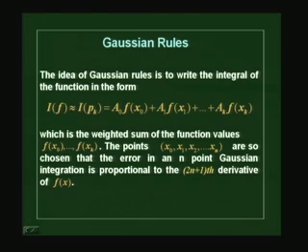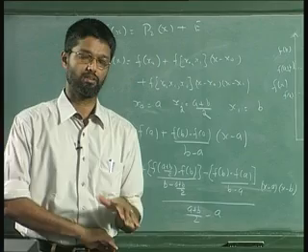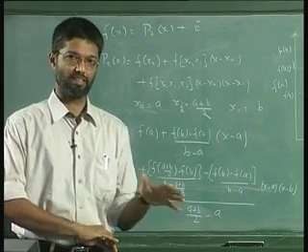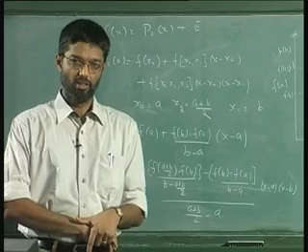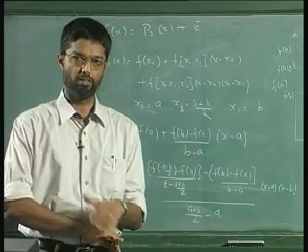Now, we go to a slightly different method of evaluating integrals numerically, but again using the same basic idea that we can approximate the function by a polynomial, and these rules are called Gaussian rules.